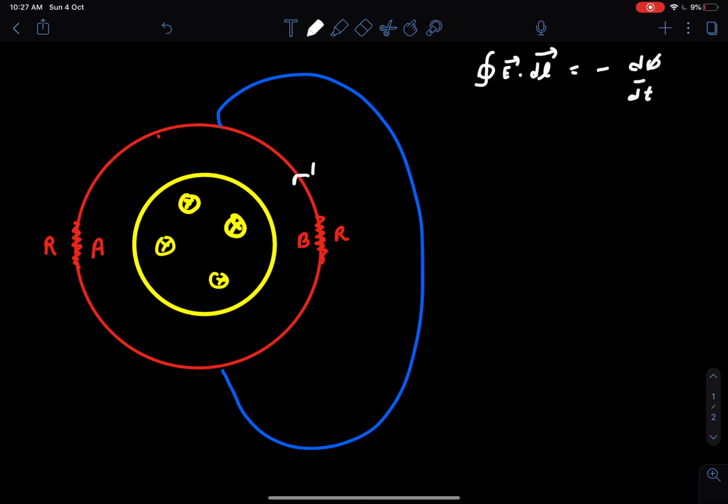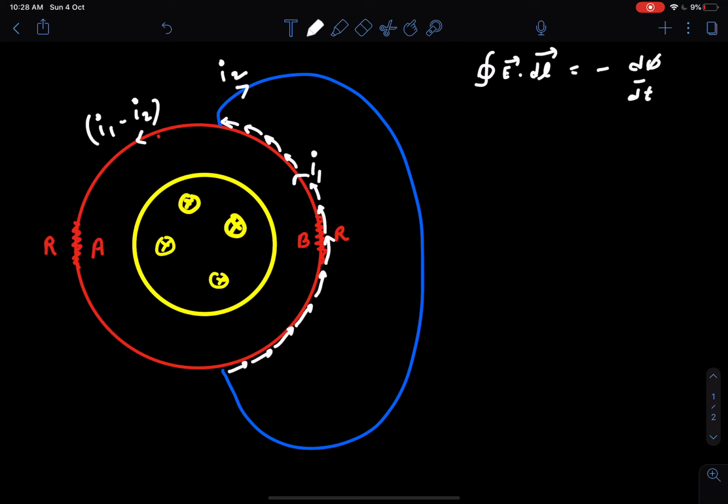Let's say here the current is I1 and here the current is I2, and this current is then I1 minus I2. Now we are going to apply Faraday's law in this white arrow indicated loop, circulating in the direction of this white arrow, and we will write integral of E dot dl is equal to minus d phi by dt.